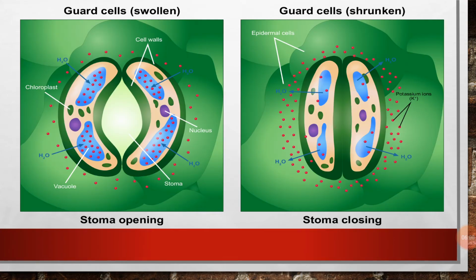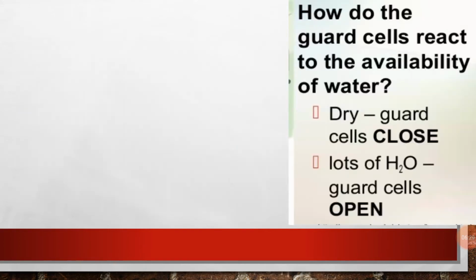Next thing is the guard cell. You can easily observe the stomata opening and closing here, and this opening and closing is for exchanging waste or useful material between the plant body and the environment.